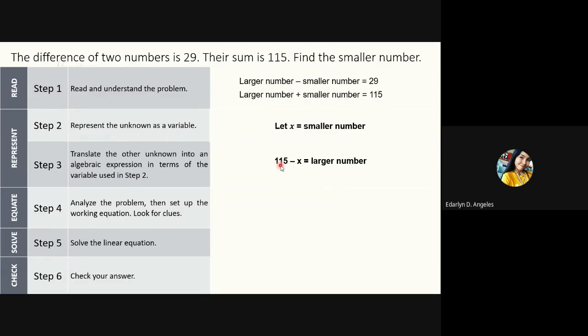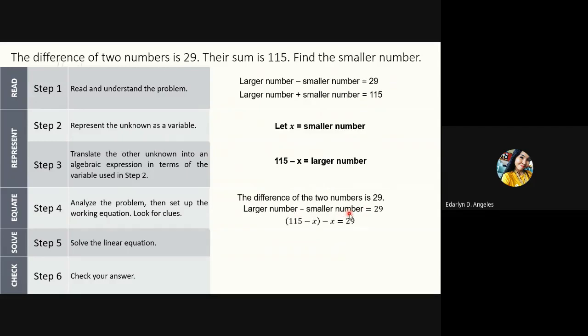Okay. Next is step 4. Our clue in this problem is the first statement: the difference of two numbers is 29. Meaning to say, larger number minus smaller number is 29. That's what it says here in the difference of two numbers when we translate it to an algebraic equation.